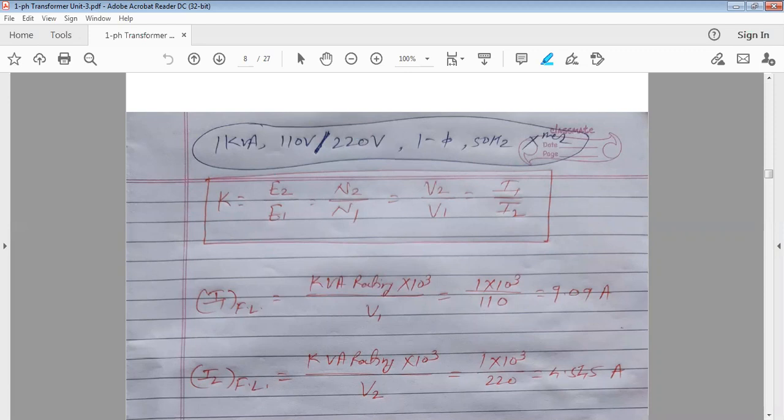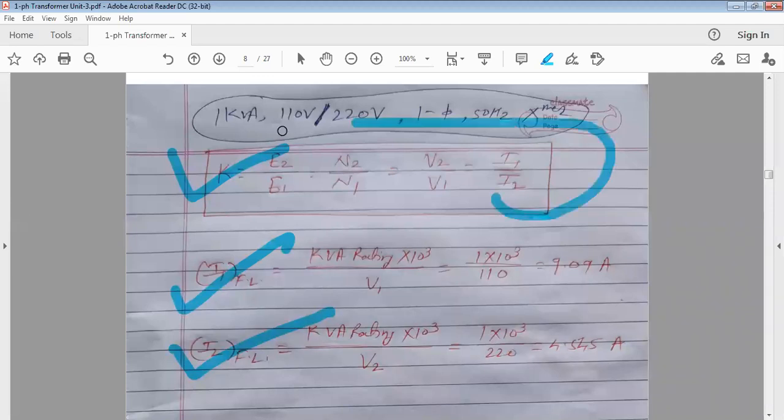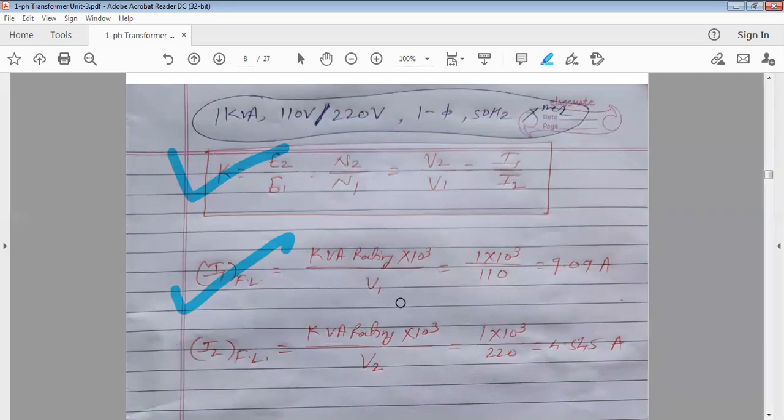When we take the numerical, it will be more clear to you. Whenever in your syllabus you get asked a sum based on these formulas, mostly it is given that the transformer is on no load condition. So directly you have to use this one. I'll take the numerical, then it will be clear to you.